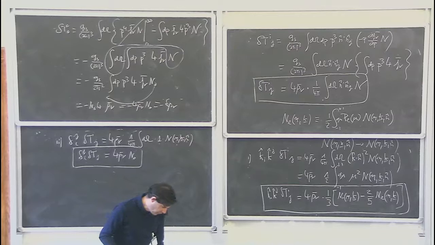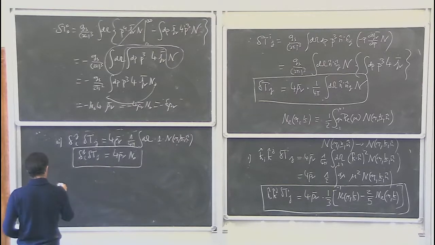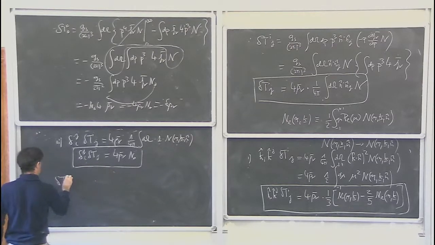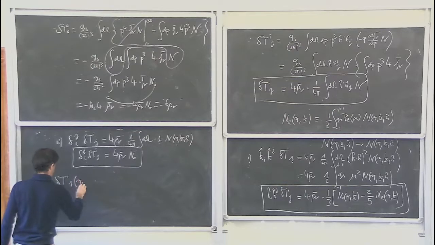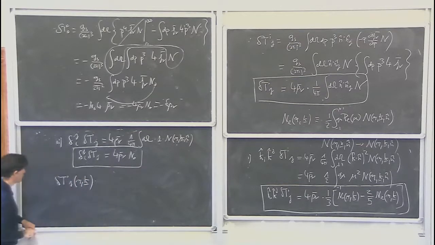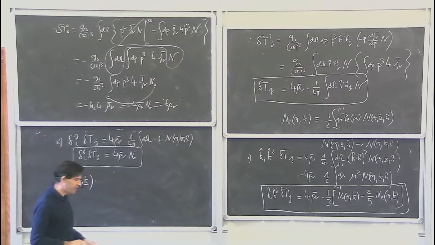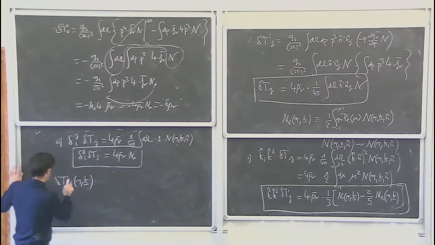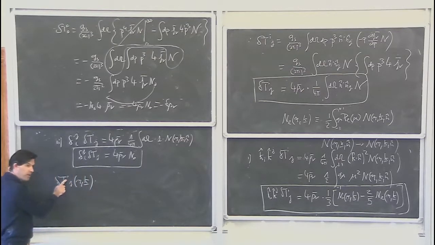It's useful for the following reason, because now I'm asking how shall I write down these Fourier modes of the perturbation to the energy momentum tensor. You see there are two indices, spatial indices, and this is a function of eta and one vector, okay?